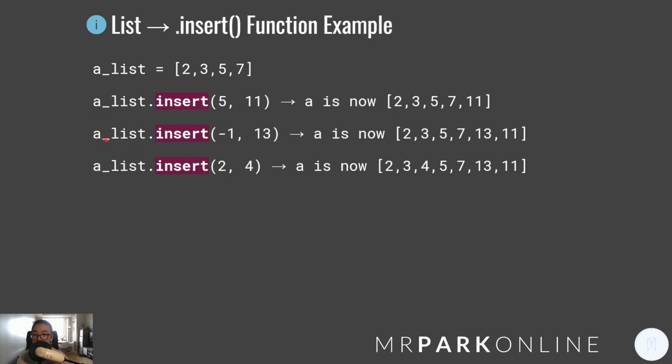Right, then I can say a list insert at -1 the value 13. Okay, so it's going to shift 11, because 11's at -1, so it's going to shift it to the right and put 13 in that location. Or if I were to insert 4 at location 2, so 0, 1, 2, that's where 5 is located. So 5, 7, 13, 11 onwards, those are pushed to the right, and 4 is inserted into our list.